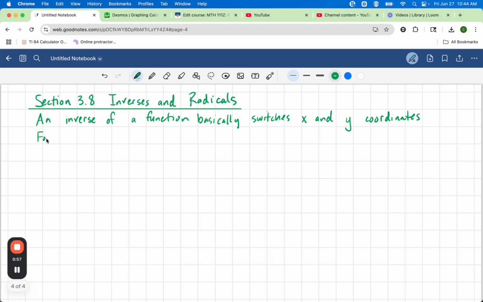For example, if I had f of x equals 3x plus 7, and f inverse of x is (x minus 7) over 3, those are inverse functions. You can verify that using the methods from 1.6 if you'd like.